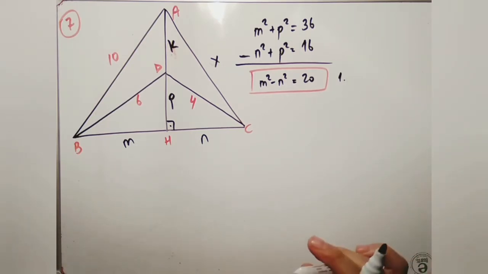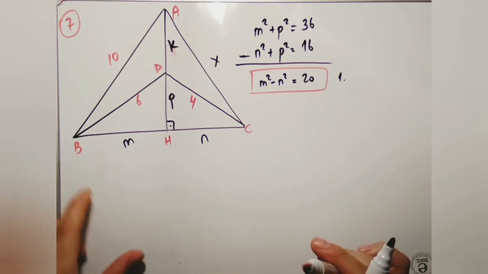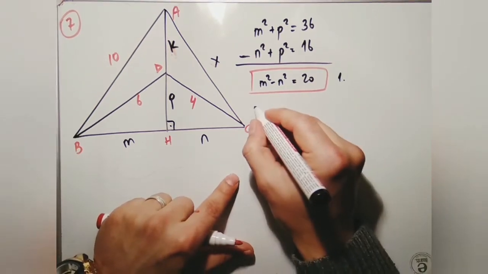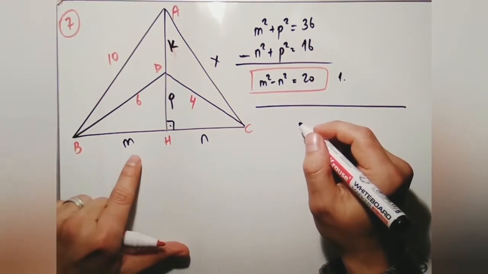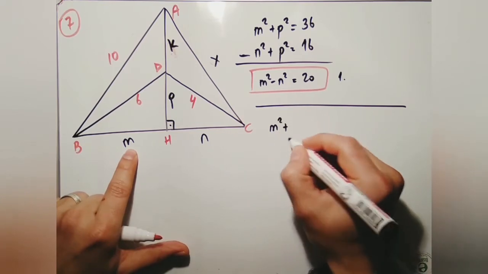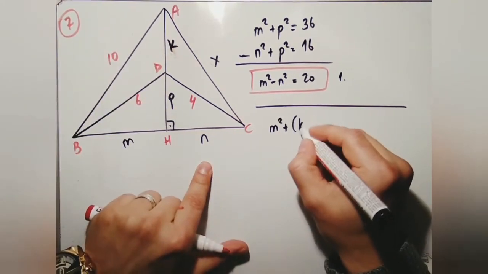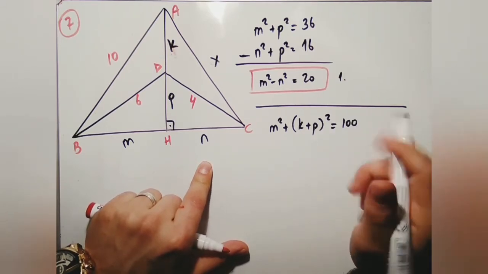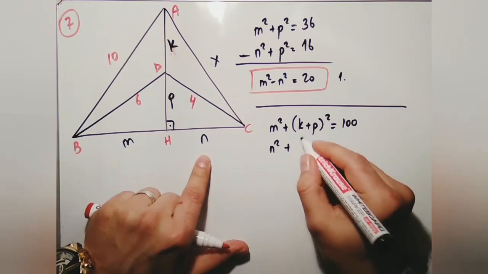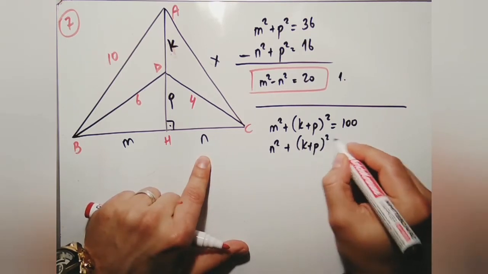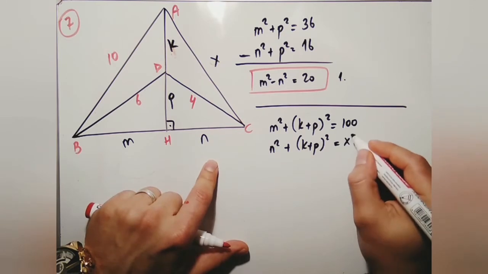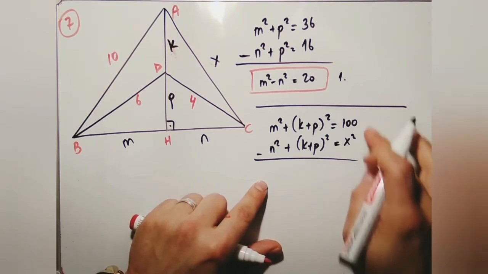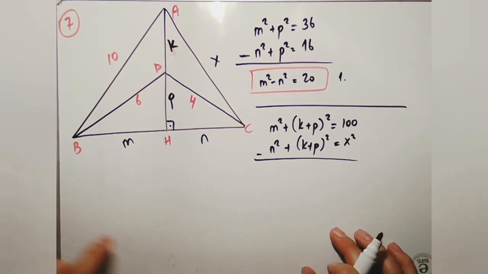And now let me apply the same theorem in triangles ABH and AHC. So I will write m squared plus k plus p squared is equal to 10 squared, which is 100, and n squared plus k plus p squared is equal to x squared, and I will take the difference between the first and the second expression.